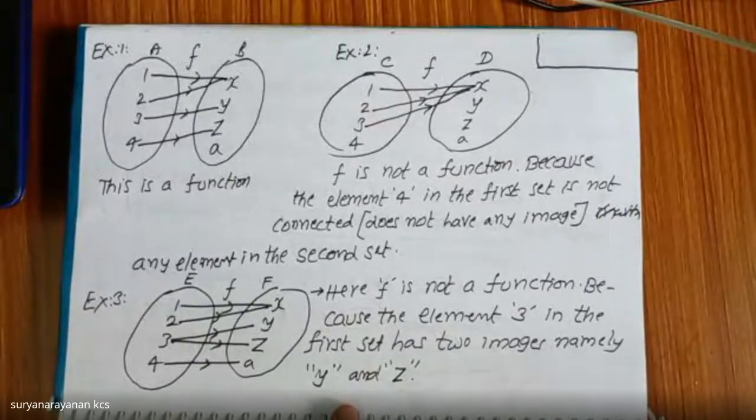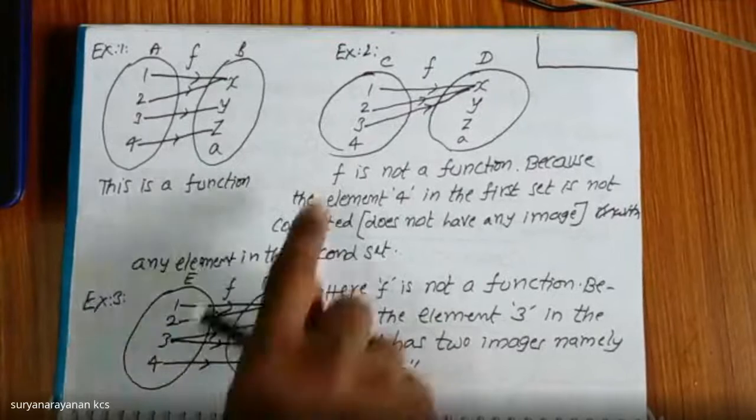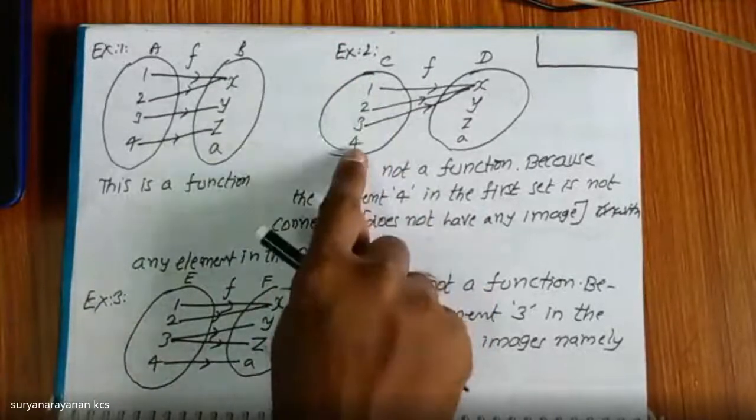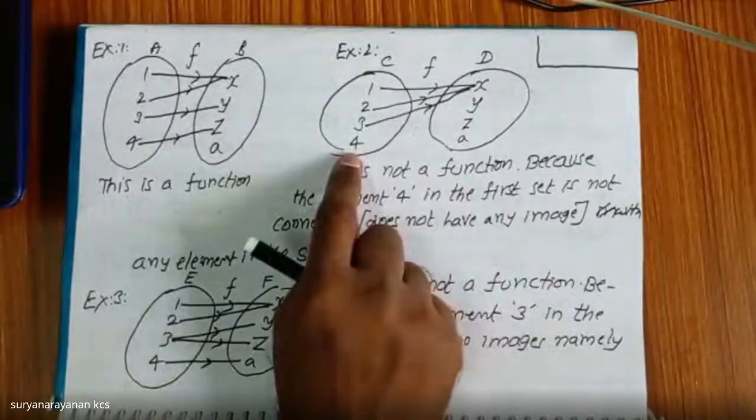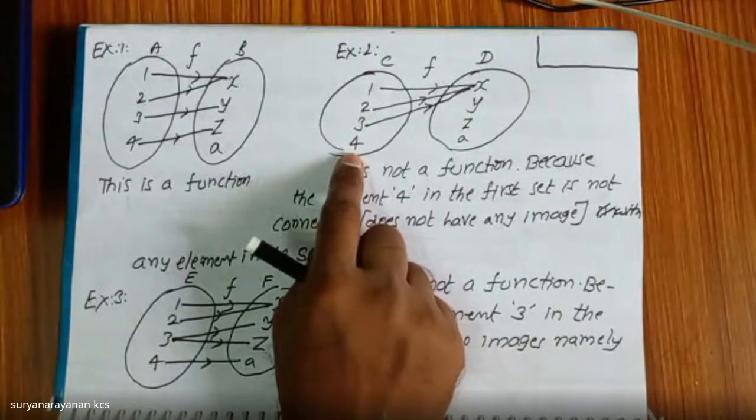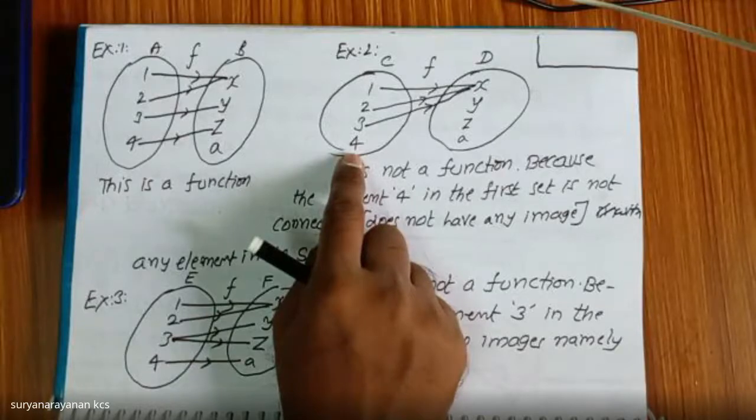It should not have more than one image. Understood these two conditions, my dear children? Every element in the first set should be connected. Means every element in the first set should have an image, and moreover, it should not have more than one image.